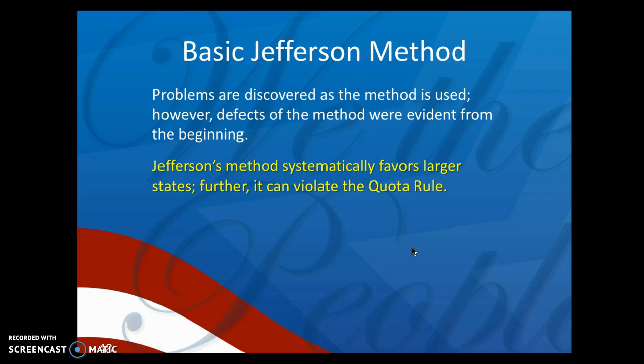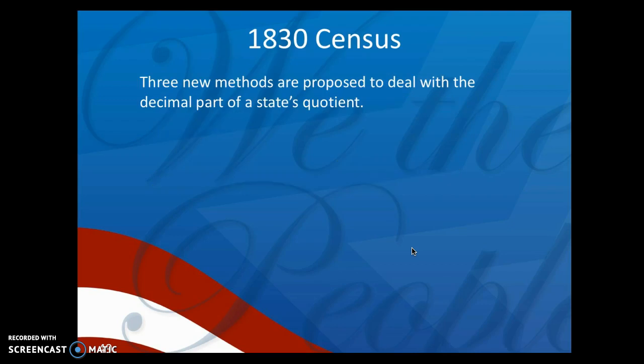And it can violate the quota rule, meaning a state, and usually the large state, should get a larger or more than fair share of representation. So that Jefferson method was used, though, from 1790 to 1830. And right around this time, kind of debate started popping up on the apportionment. And three new methods were proposed to deal with the decimal part of the state's quotient.